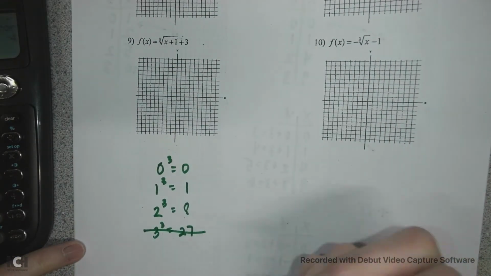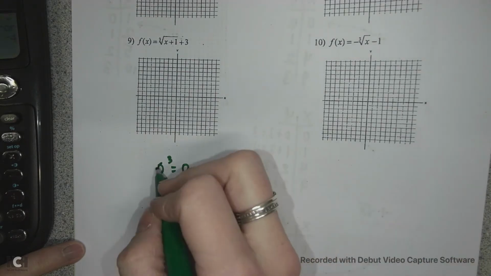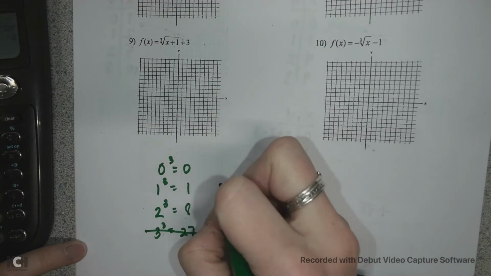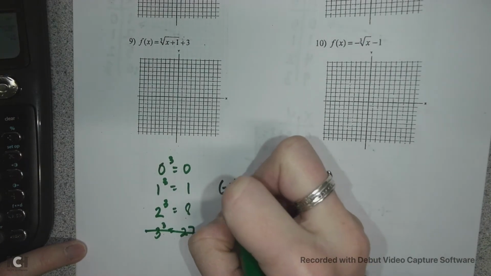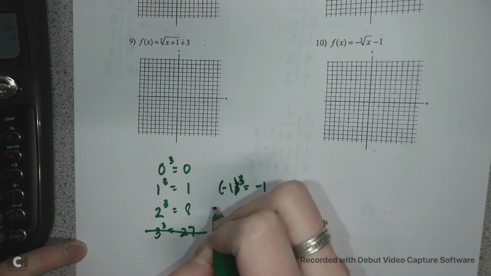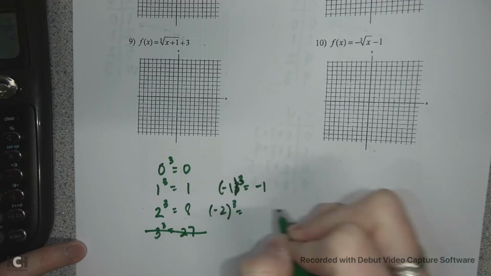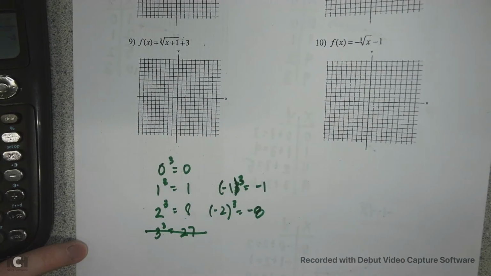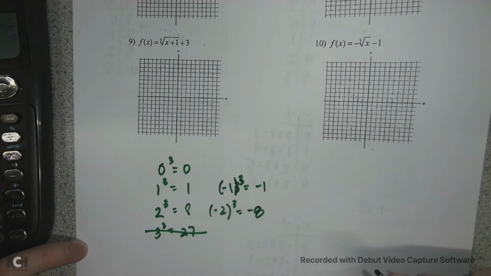Okay, so that means that we can do that. So in our cube roots, we have to include our negative numbers. And what negative numbers are we going to include? The negative numbers that will fit on our graph. So negative 1 cubed is negative 1, and negative 2 cubed is negative 8. So these are the numbers that we're going to include.